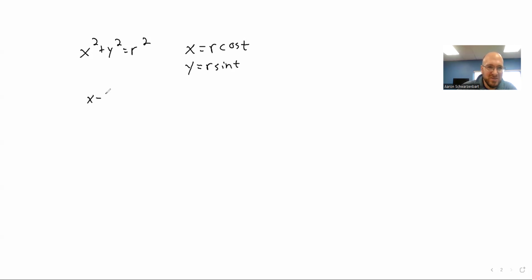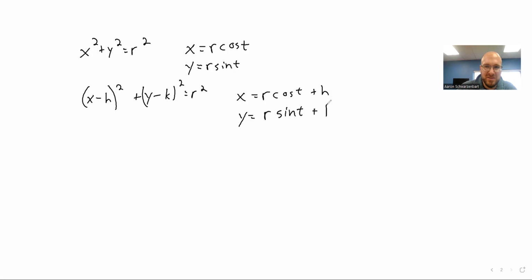If I want to adjust for h and k, and this will apply to all the rest of the conics too, I simply, so notice they were opposite sign before. They are the same sign here. I just simply tag them on the end with plus h or plus k because I'm just adding or subtracting, depending on which way I'm going, from the y coordinate.